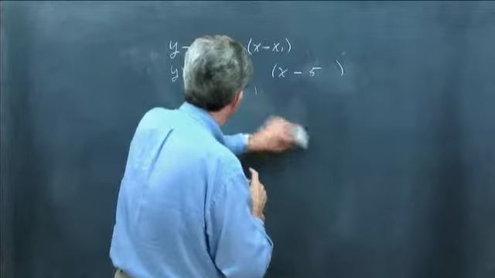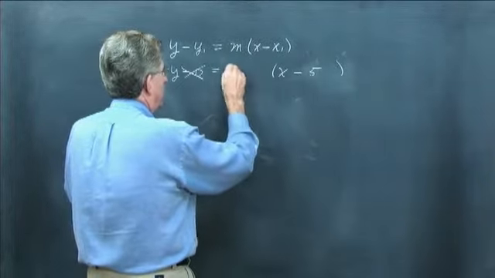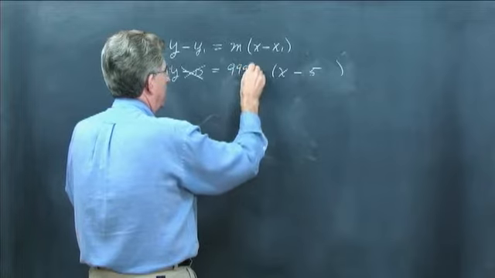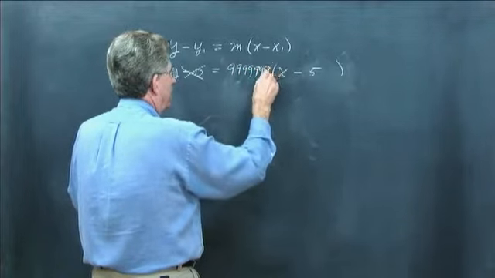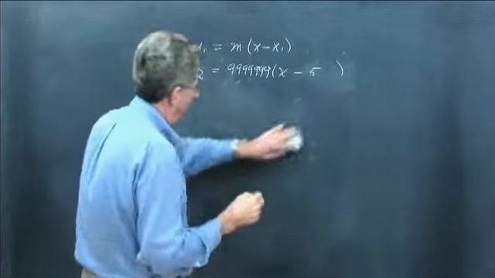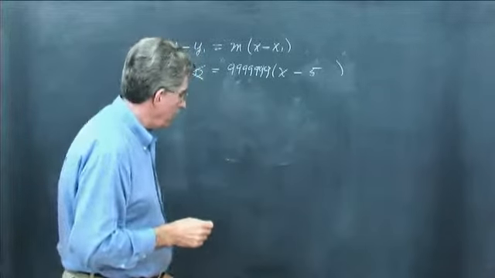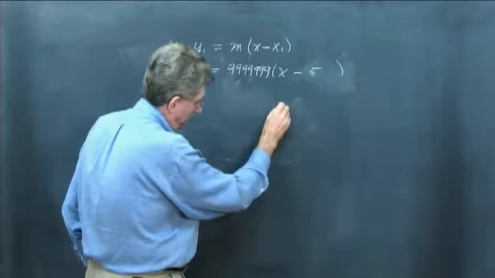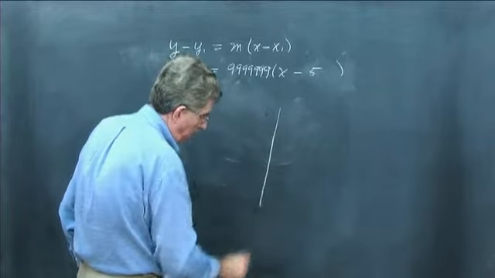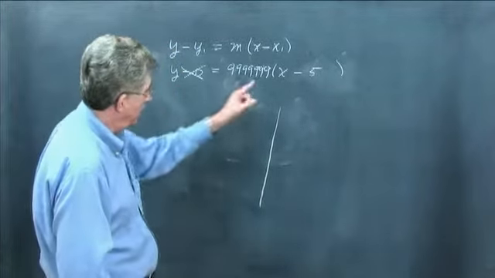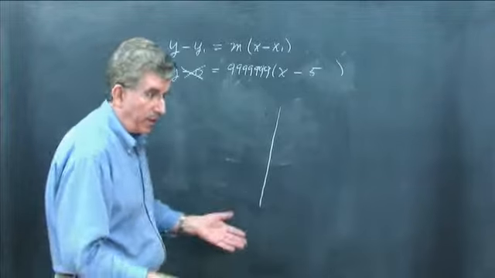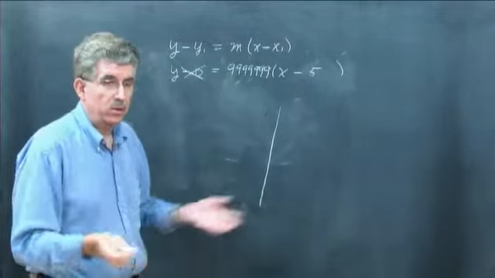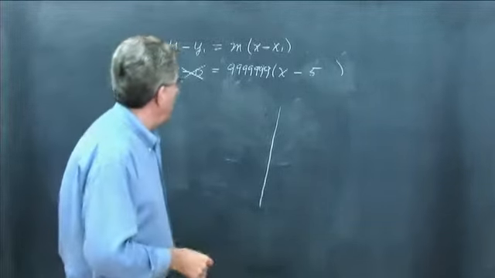So let's put in a number like 99999. You can put in 8 or 10 9s, something like that. Put in a bunch of them. Now what that'll do is draw a line that is almost vertical. And the more 9s you put in, the more vertical it'll look. In fact, when you look at it on the calculator, you're going to swear it's a vertical line.